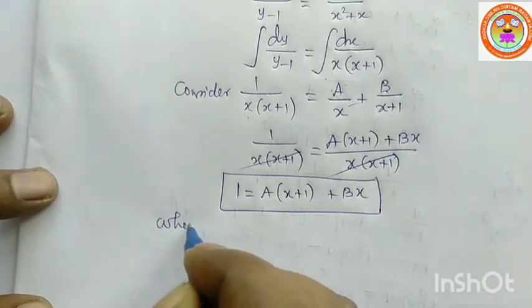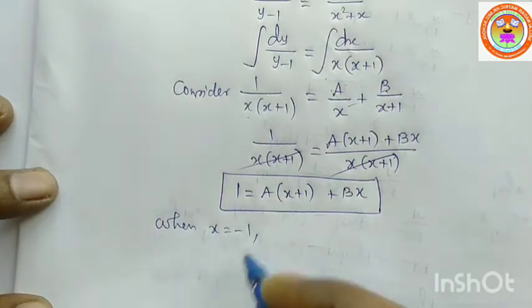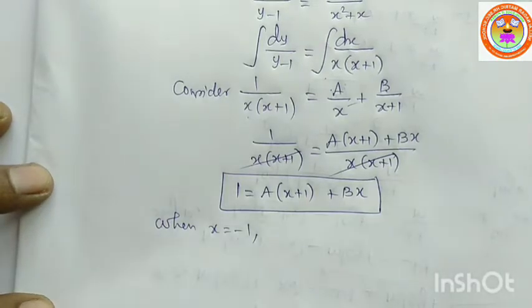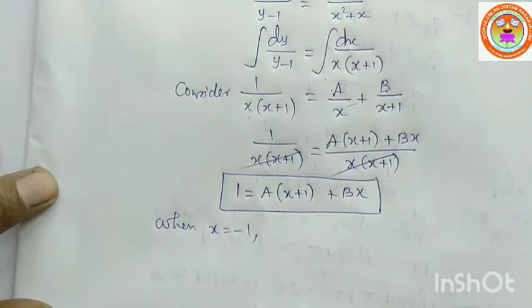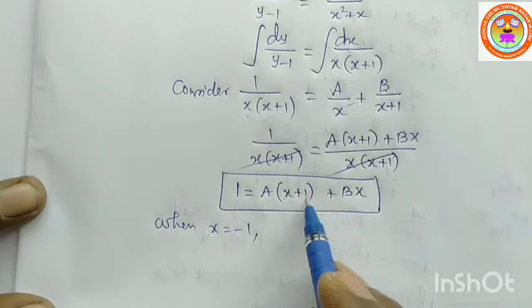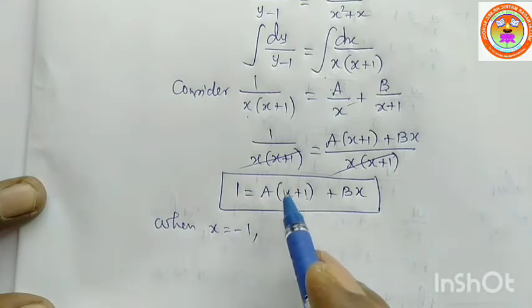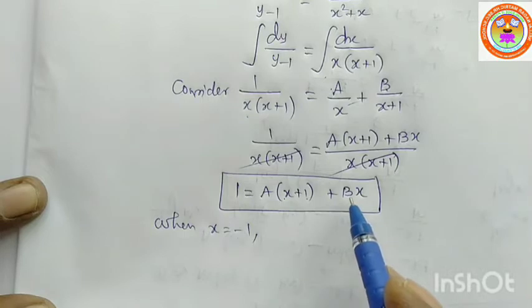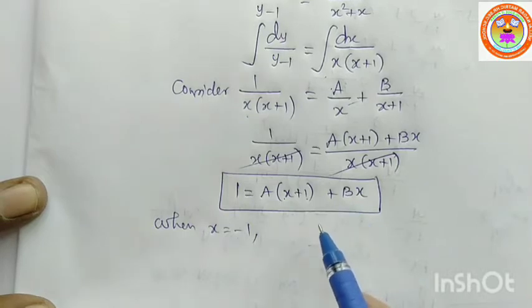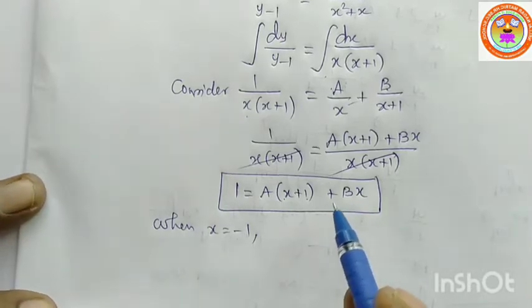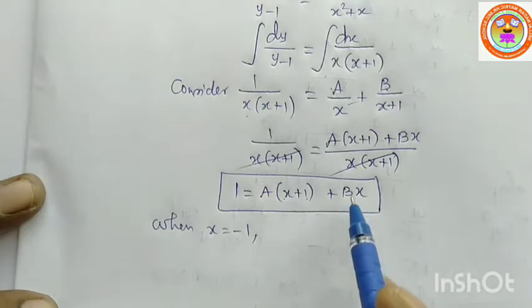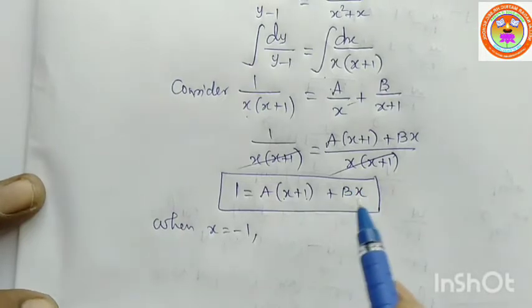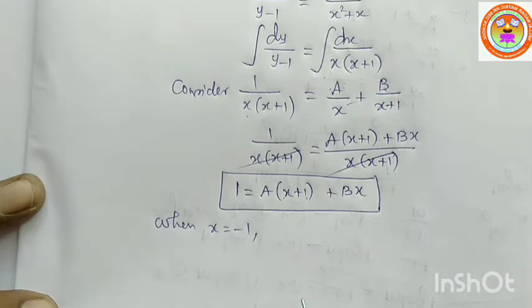When we apply x is equal to minus 1, minus 1 plus 1 is 0. So this term will vanish. At the same time we can get the answer of b. Similarly, when we apply x is equal to 0, this b term will vanish. We will get the value of a.